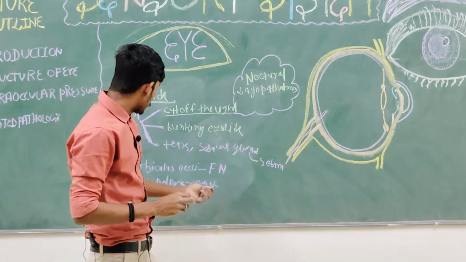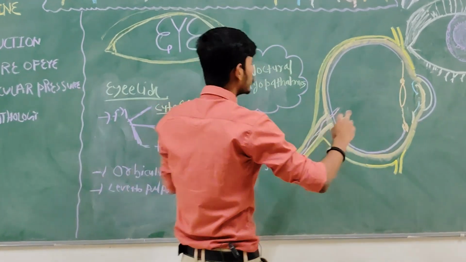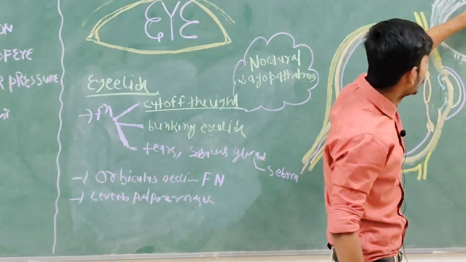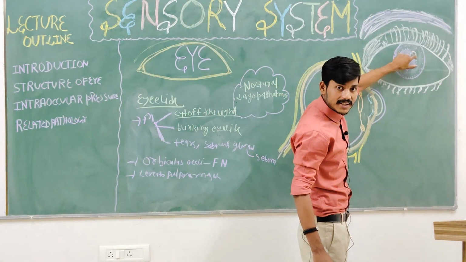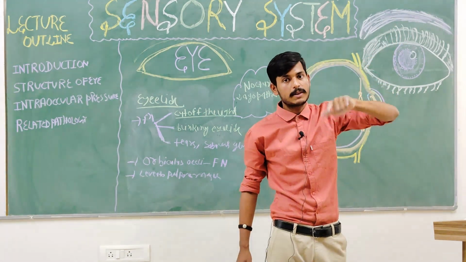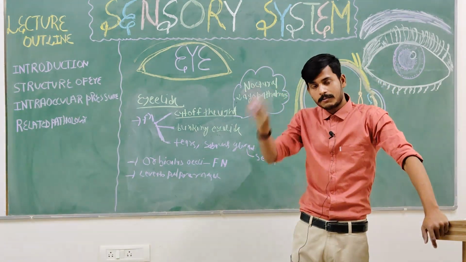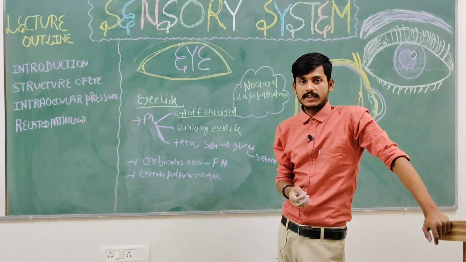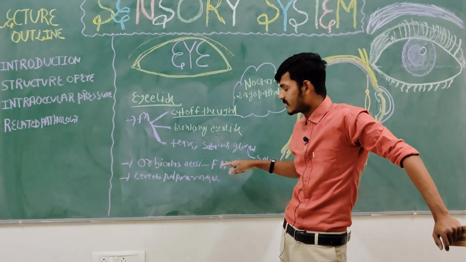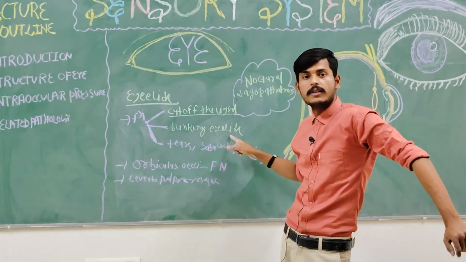So what happens, whenever this part of the eye gets a sensation, it sends the message through the trigeminal nerve into the brain stem, and the brain stem sends the feedback to the facial nerve, and these orbicularis oculi muscles, which are supplied by the facial nerve, start blinking of the eyelid.